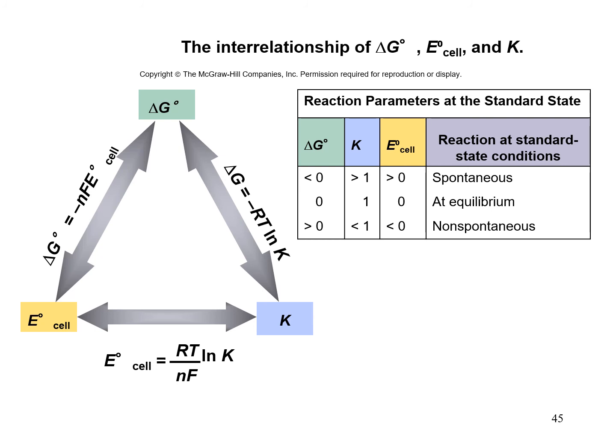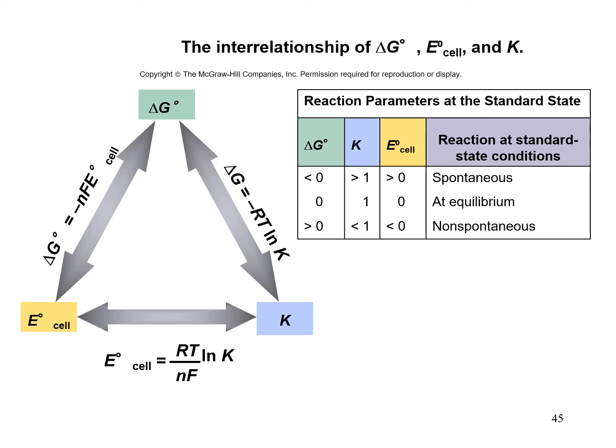For a spontaneous reaction, G naught is always less than 0, and K is always greater than 1, right? We know that from chemical equilibrium. And we just saw today that E naught for a cell for a spontaneous reaction is always a positive value. So K and E follow a positive trend, and G always has a negative sign to the value of E. So G and E are always opposite of each other.